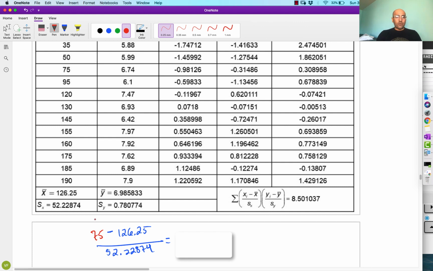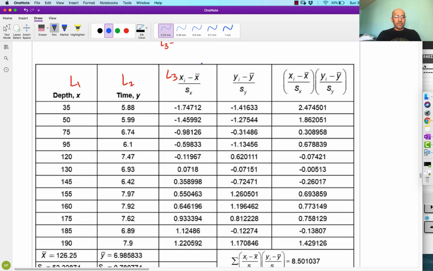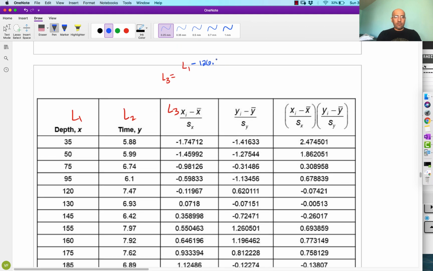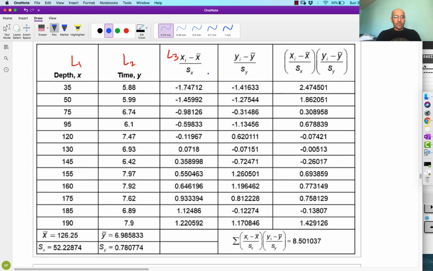And that's how we're going to do column operations. We're going to state that list 3 is going to be equal to L1 minus the mean, which was 126.25, divided by the standard deviation, which was 52.22.